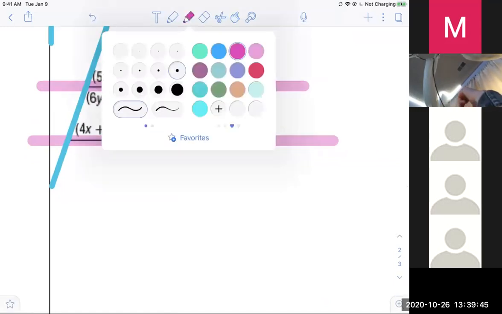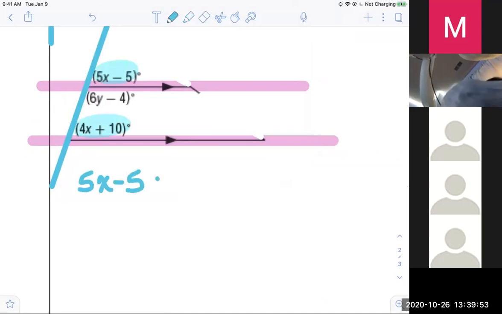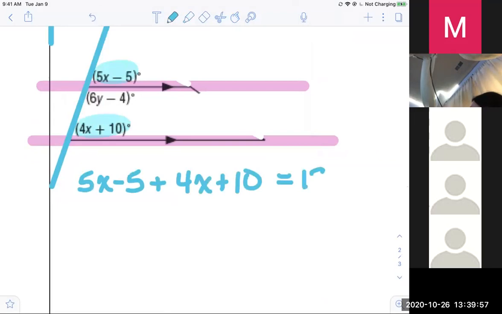Would you do 5x minus 5 plus 4x plus 10 equals 180? Tell me why. Because they're corresponding. Yeah, they're corresponding. Okay. Thank you, Jerome.